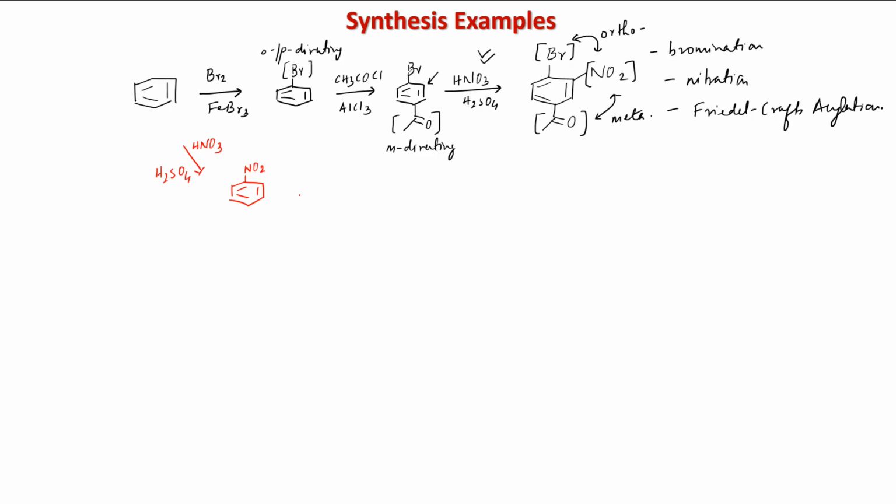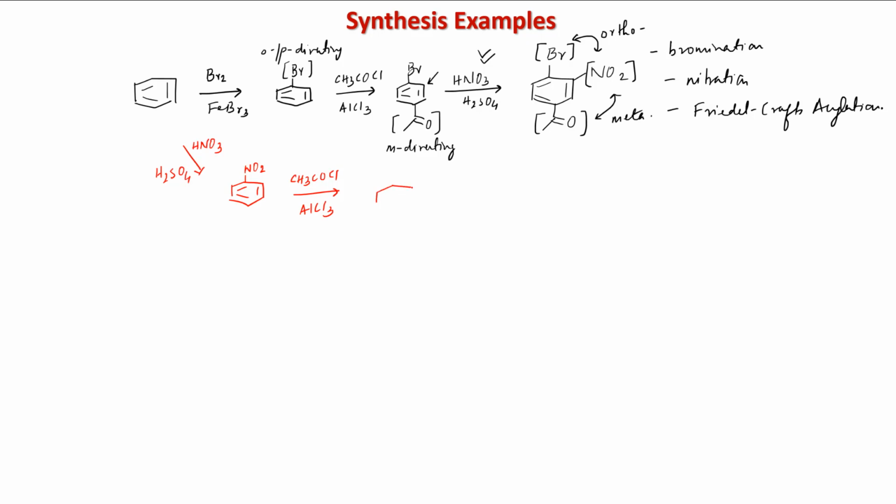And if we do a bromination afterwards, it is going to install the bromine meta to the nitro group. But what we notice is that the bromine is ortho to the nitro group, and what's meta to the nitro group is the acyl group. So it seems like a more logical pathway would be to do the acylation afterwards.